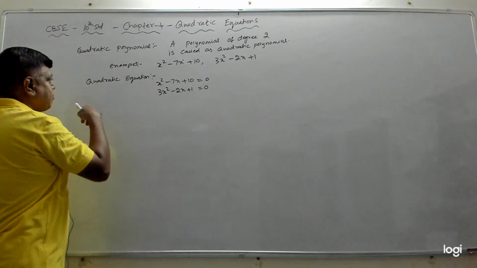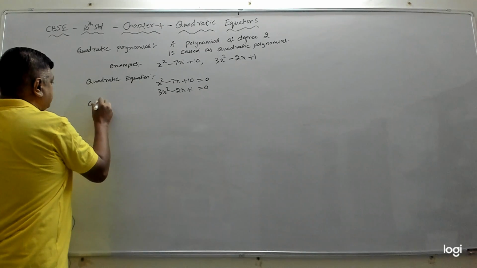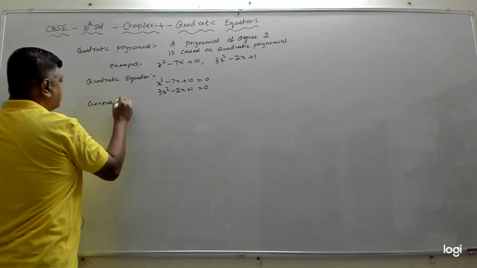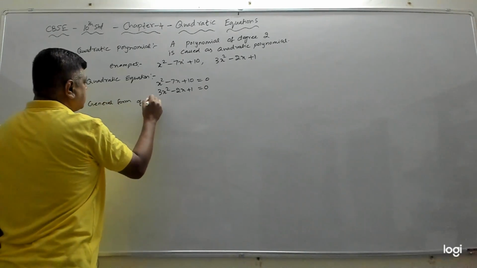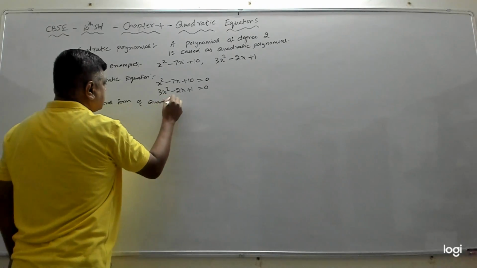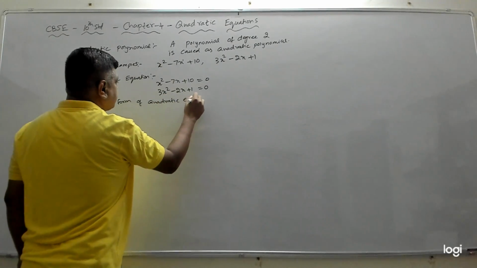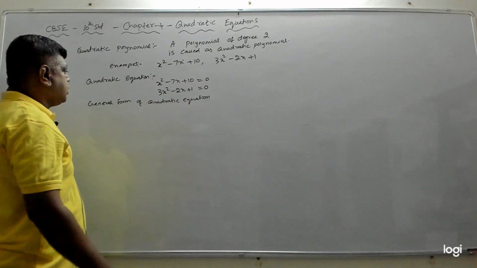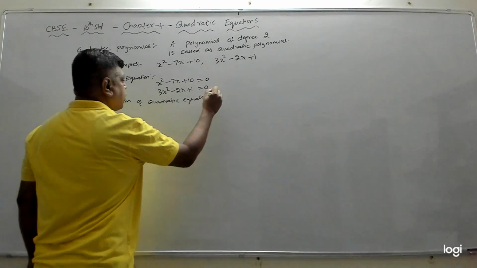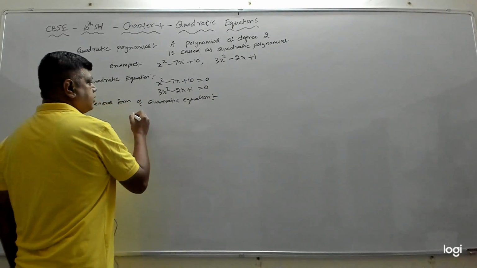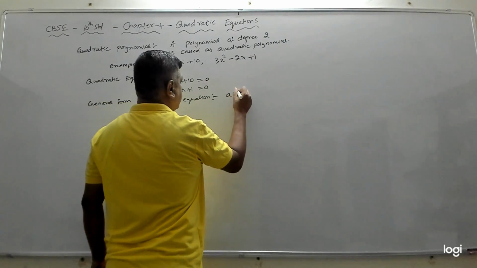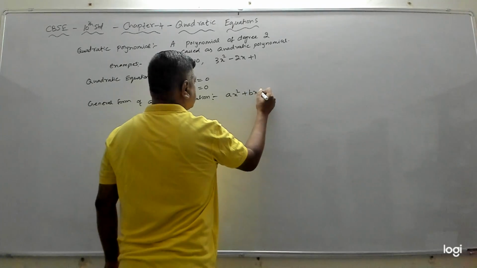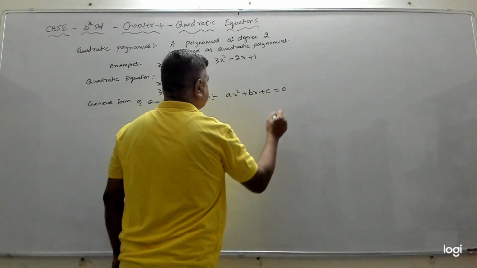Fine. So I'll write the general form of a quadratic equation. What will the general form look like? The general form of the quadratic equation is ax square plus bx plus c equal to 0.